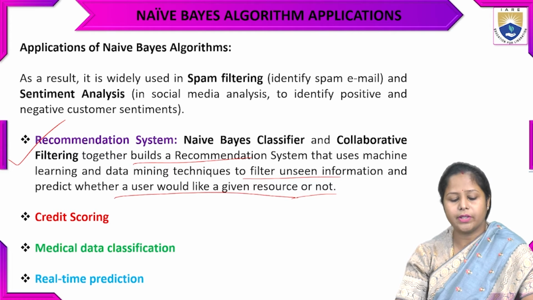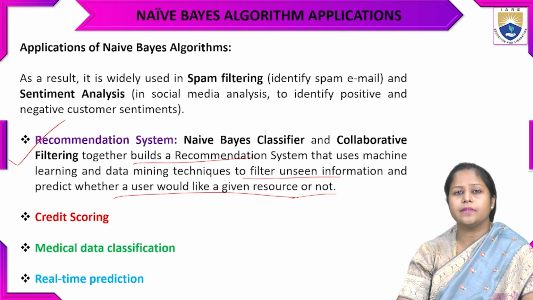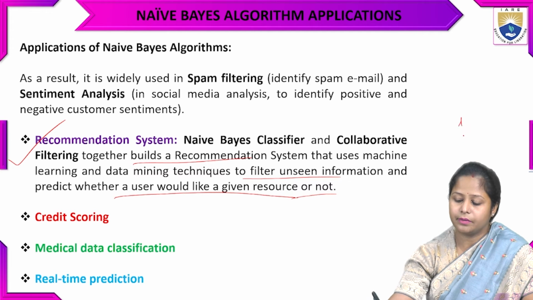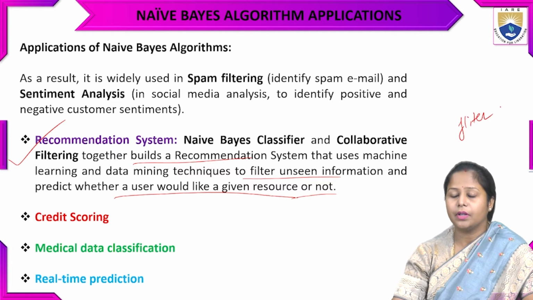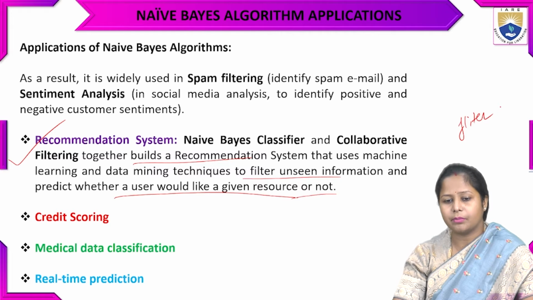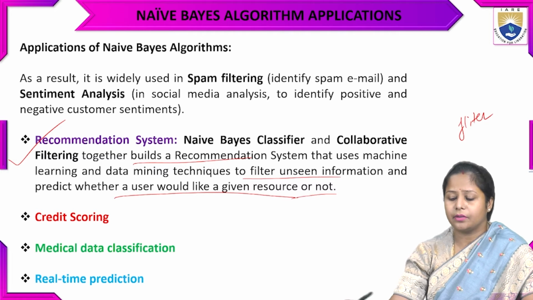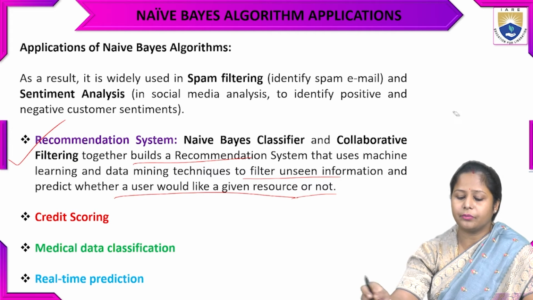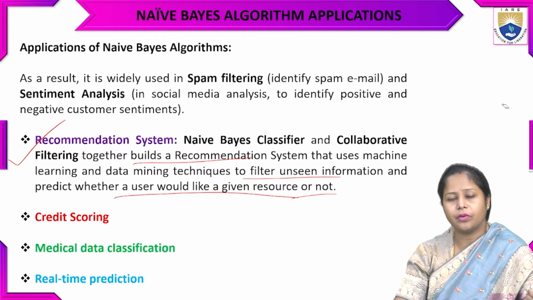For example, the best recommendation systems are Amazon and Flipkart. If we have added some items there, in the future it is going to predict what you have to purchase, similar to the product.